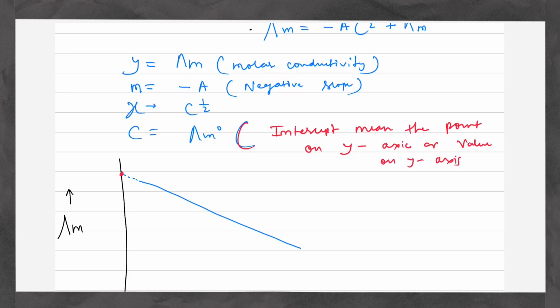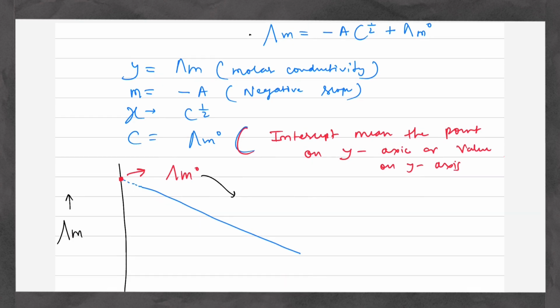So the point where it cuts the y-axis is equal to del m naught, and this is molar conductivity at infinite dilution.